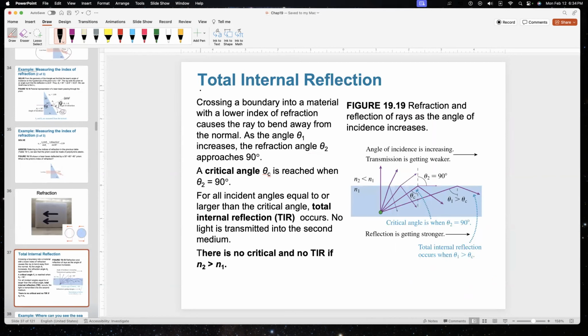Another very important phenomenon related to reflection and refraction is called TIR, total internal reflection. This is very important. As you see from the formula of Snell's law, n1 sine of theta 1 is going to be equal to n2 sine of theta 2.